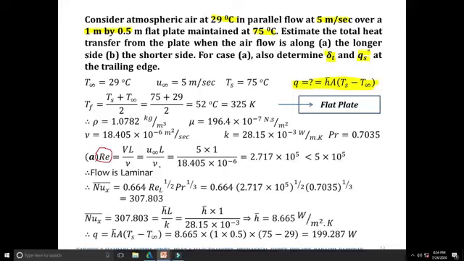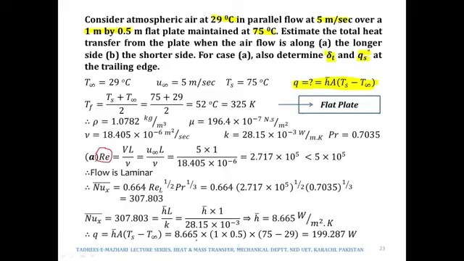So we need to find out viscosity and some other parameters as well that we will come across later. For example, after finding out Nusselt number, when we would be equating it to hL over k, we would also be requiring the value of the thermal conductivity. So in fact, usually we find out three properties most of the times. One is the viscosity nu, thermal conductivity k, and Prandtl number.